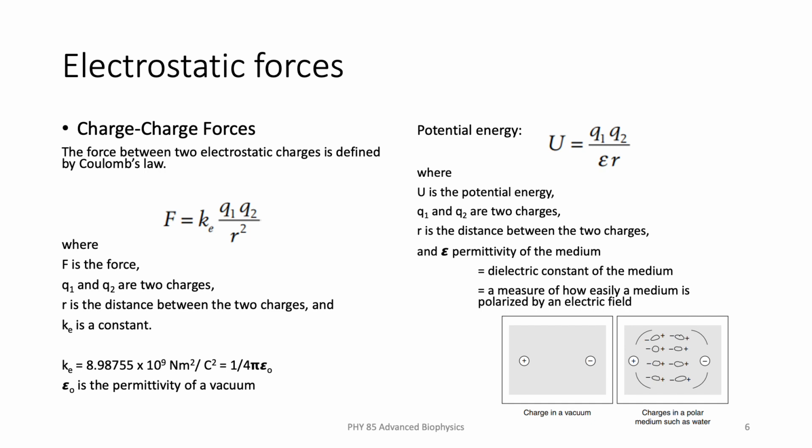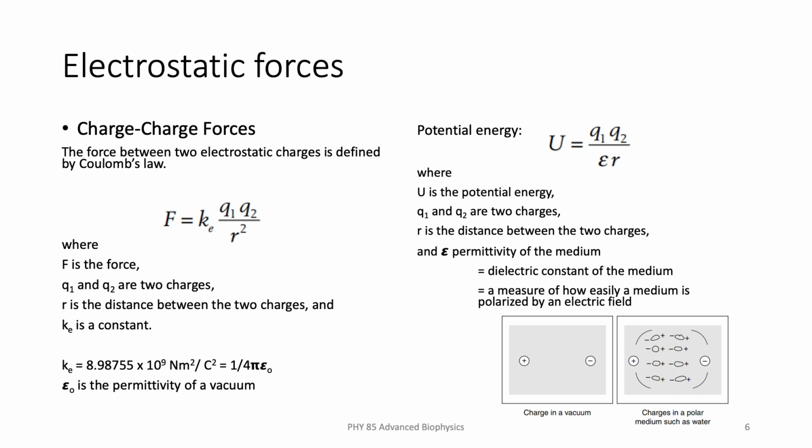Since potential energy is the potential to do work, and work is force times distance, we can write the potential energy as U equals Q1 Q2 over epsilon times R, where U is the potential energy, Q1 and Q2 are the two charges, R is the distance between the two charges, and epsilon is the permittivity of the medium.